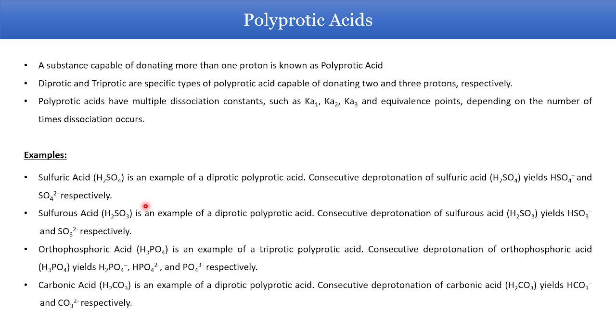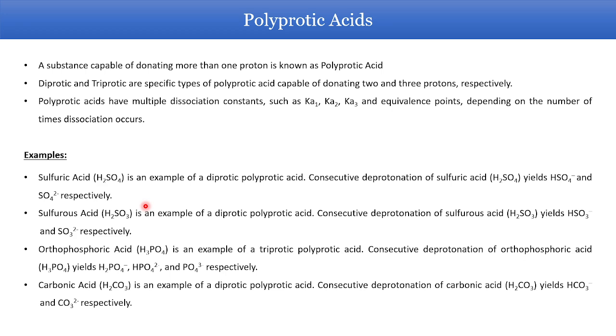Some examples of polyprotic acids which we use in our daily life, in different experiments and in our labs, are sulfuric acid, which is a diprotic polyprotic acid, and it has two equivalence points for its capability to donate two protons. We have sulfurous acid, that is also a diprotic acid. We have orthophosphoric acid, that is triprotic in nature, and we have carbonic acid, that is also diprotic in nature.